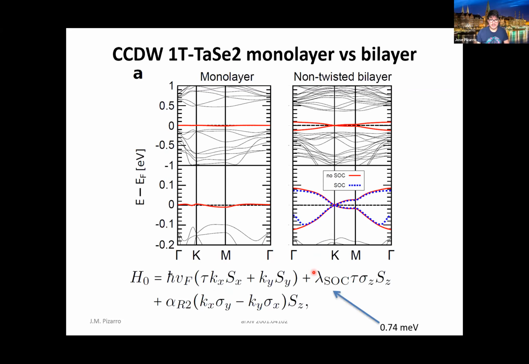But I think for this audience, it's simpler to just show the continuum model for this material, and it's just a Fermi velocity, like you will find in graphene, but here it is renormalized because your bandwidth is renormalized, right? Then some Rashba, some alpha R2, some Rashba term that in principle can be neglected.